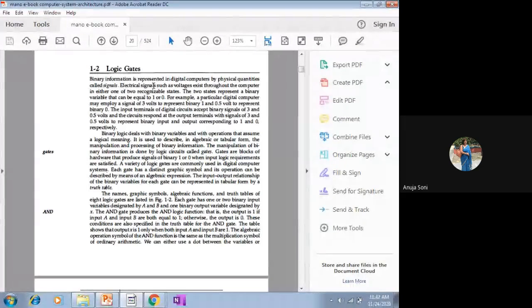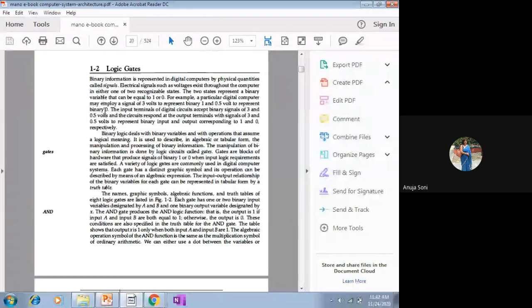Binary information is represented in digital computers by physical quantities called signals, and electrical signals such as voltage exist throughout the computer in either one of two forms. These two states represent a binary variable that can be equal to 1 or 0. For example, a particular digital computer may employ a signal of 3 volts to represent binary value 1 and 0.5 volt to represent binary value 0. So how is the binary value represented in the system?